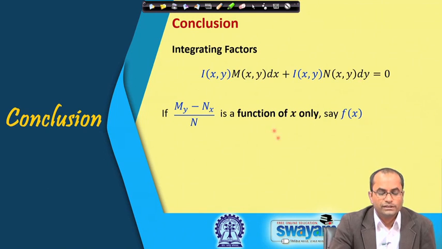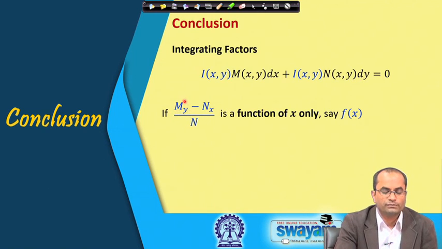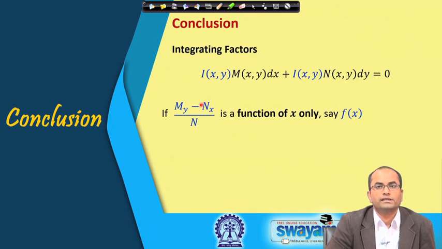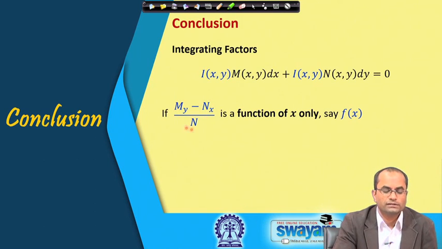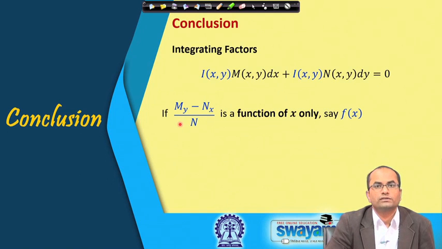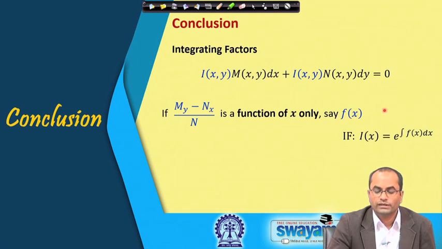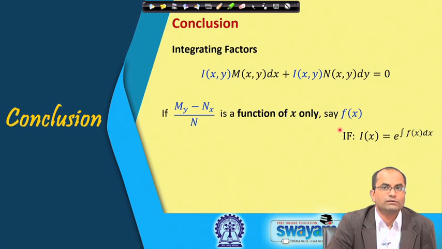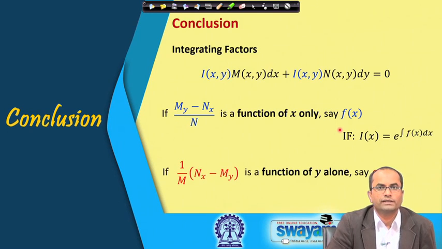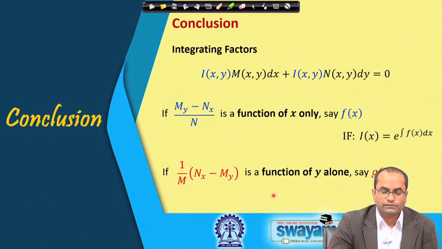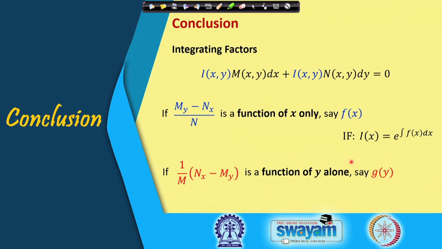And we have seen this special case: when the partial derivative of M with respect to y minus the partial derivative of N with respect to x, divided by N, is a function of x alone, then we have derived that I(x) equal to e power integral f(x) dx will be the integrating factor. And if this is a function of y alone, say g(y), then this will be the integrating factor: I(y) is equal to exponential integral g(y) dy.